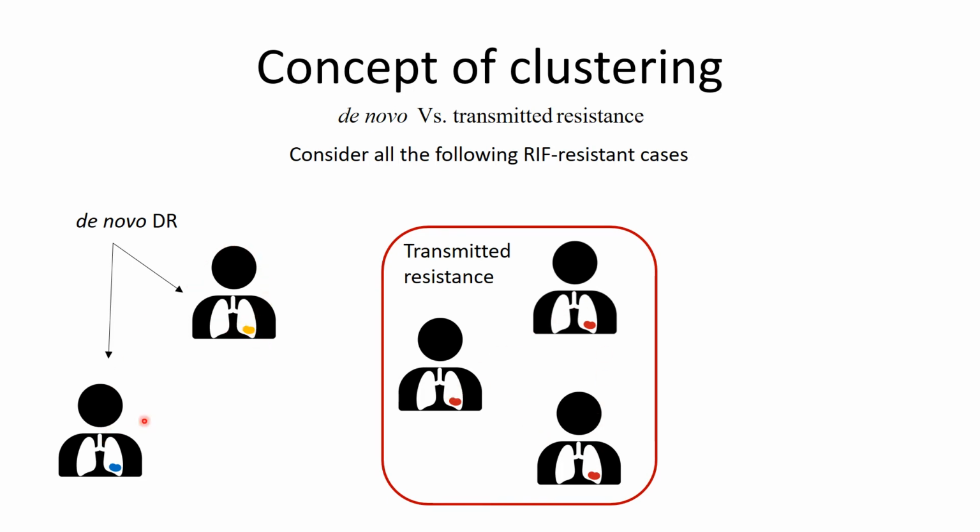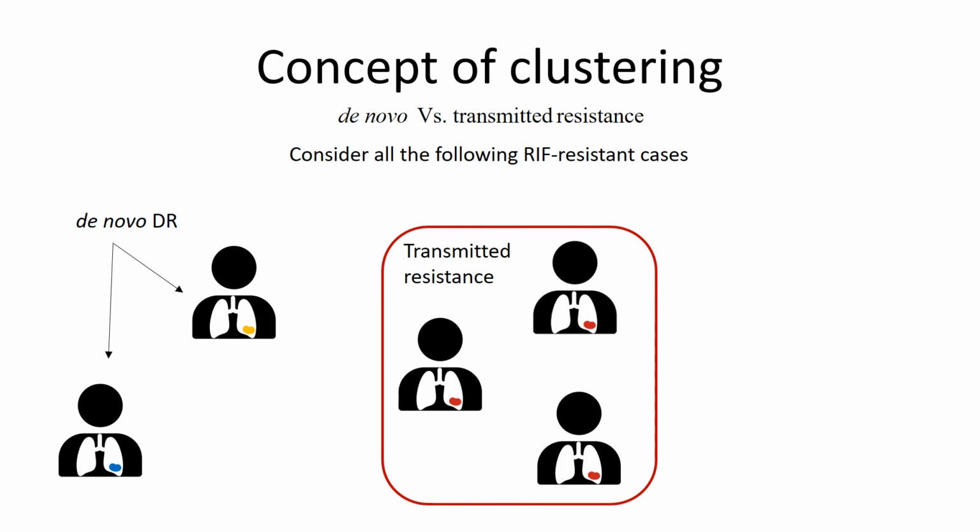In these cases, because we did not find other patients clustering with these, so we do not detect in our data sets ongoing transmission of the yellow strain and the blue strain, we would say that most likely these patients acquired resistance de novo.